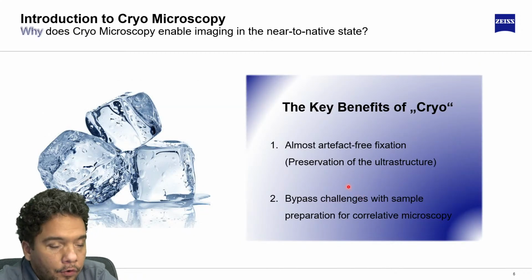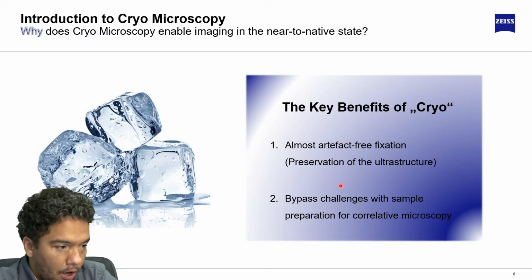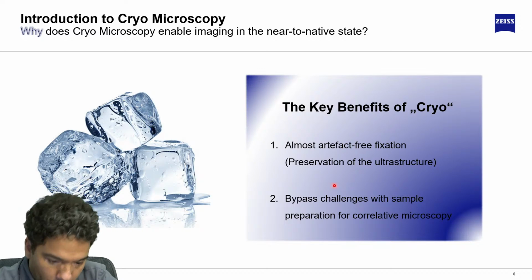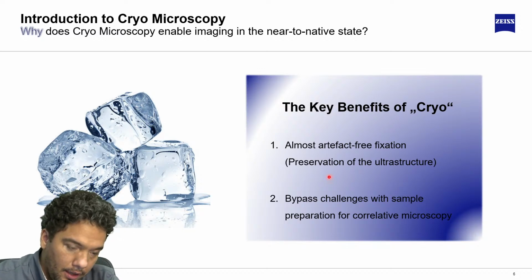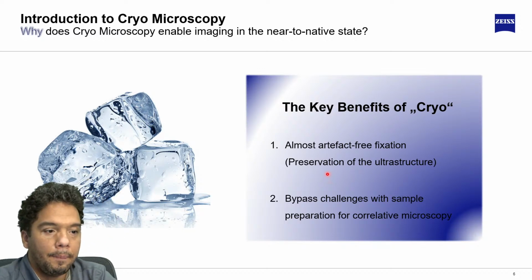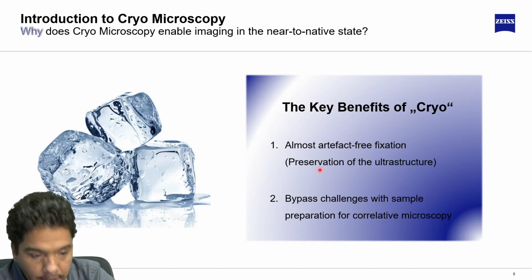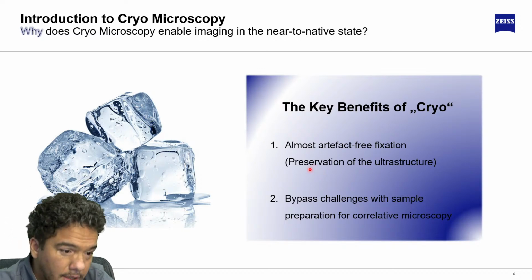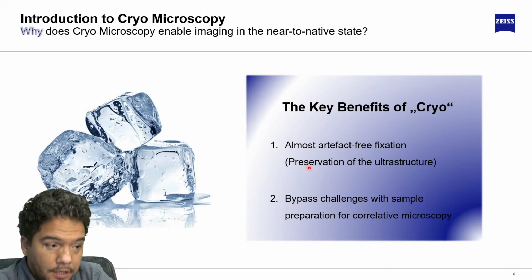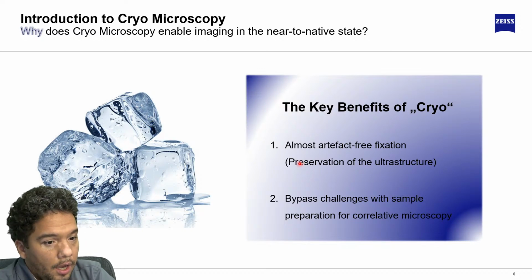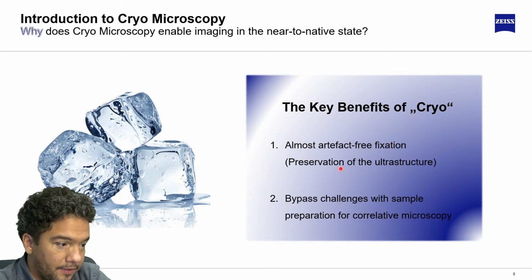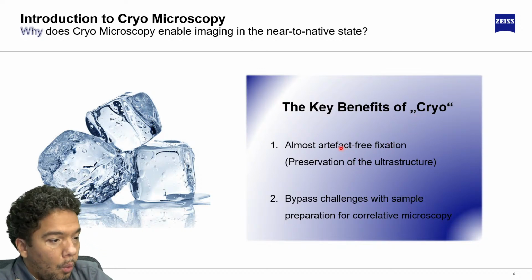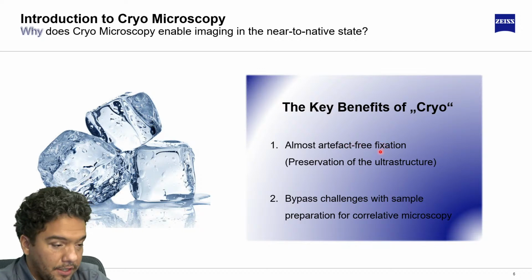What are the key benefits from these techniques? Almost artifact-free fixation. Of course, every technique in life science that needs fixation, or at least chemical fixation, introduces artifacts, and that's why cryo-electron microscopy is superior in that context, because we preserve the ultrastructure with almost no fixation effects.